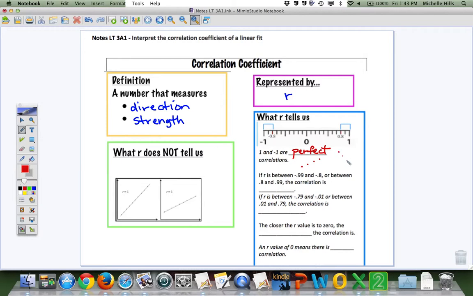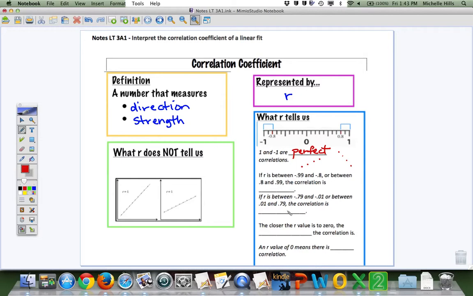This would be a perfect negative correlation, so the R value would be -1. Notice the one with the positive slope is a positive correlation and the one with the negative slope is negative. But the strength of their relationship is the same. This is perfectly linear. This is also perfectly linear.